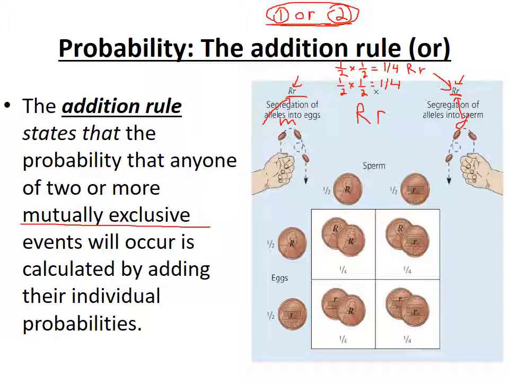Now, if you become a heterozygous individual from this cross, you're not going to form from both of these methods. You're forming from this one or this one. So to figure out the chance of getting the heterozygous from this heterozygous cross, you have to use the addition rule.